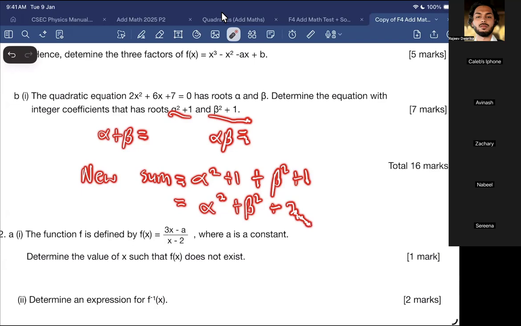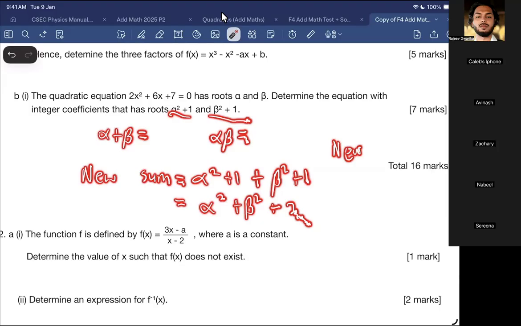Okay, good. So guys, with these type of questions, you want to find the original sum and the product. Then you need to find the new sum and the new what? So remember, a quadratic has a sum and a product.